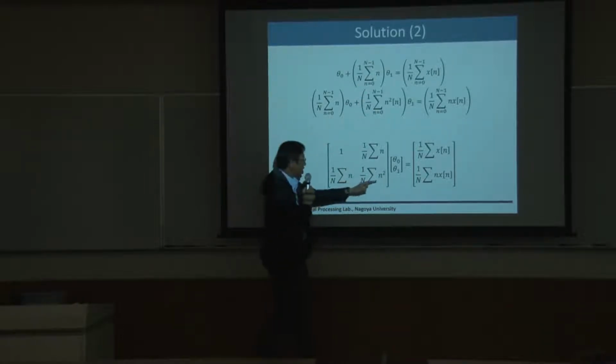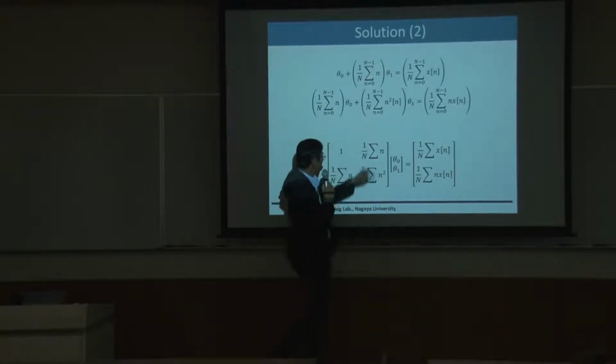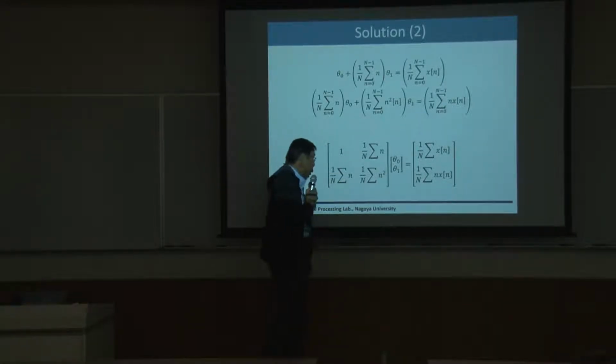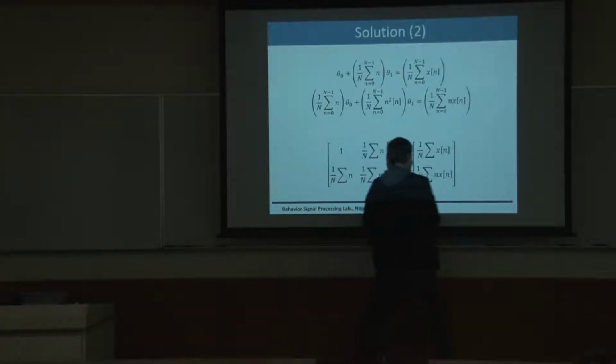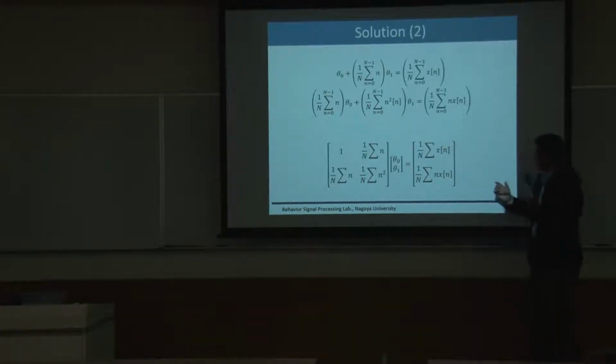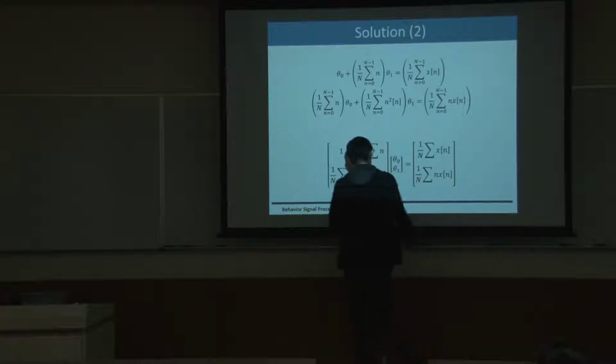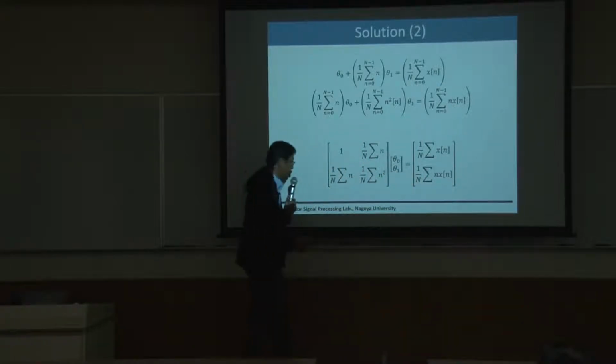The average of n squared comes from this term, and that is a symmetric matrix. On the other hand, on the right-hand side, you have one vector which has the sum or average of x on the first element, and n times x, that is the cross product or correlation between n and x, for the second element of the right-hand side vector.